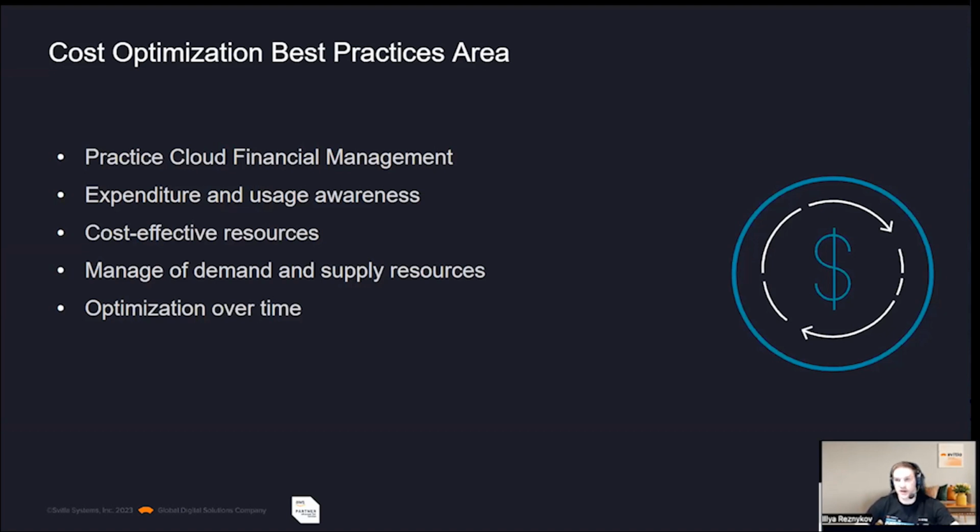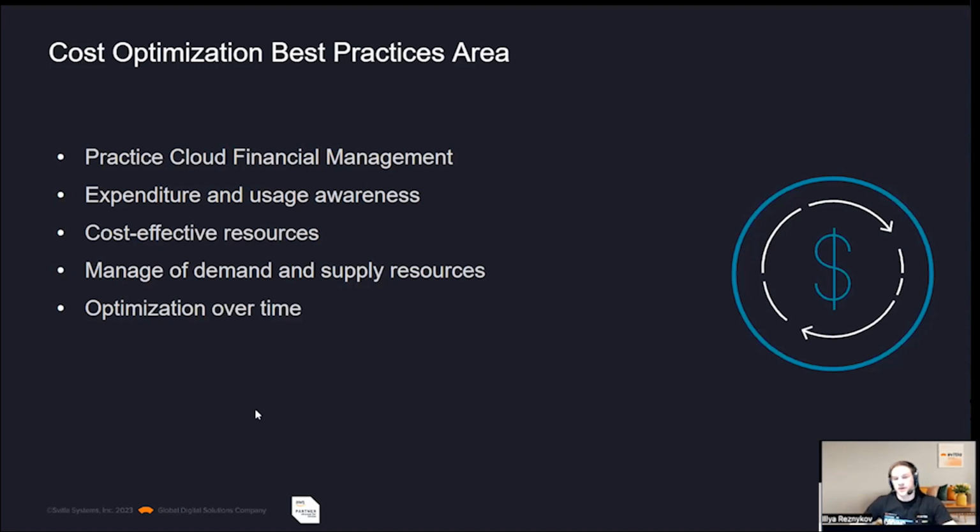We need to establish a partnership between the financial team and technology teams, because finance sees only bills, while technology understands which resources are created. In partnership, they need to understand and estimate that a particular workload is designed in a cost-optimized way. Obviously, as a best practice, we need to establish budgets and forecasts. We need to report on a permanent basis about cost optimization.